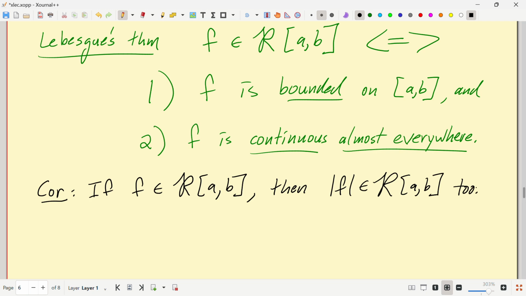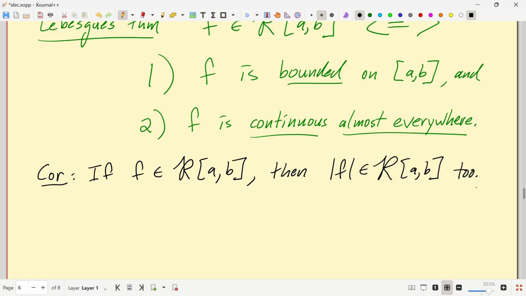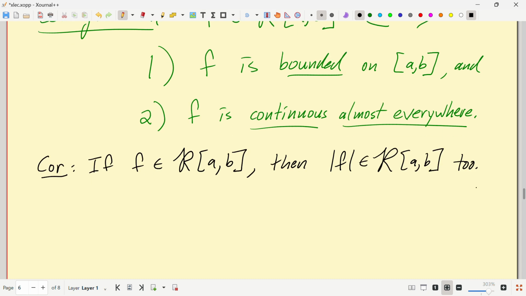It's kind of a sneaky trick. Why is that true? If f is Riemann integrable, that means it's bounded and continuous almost everywhere. And wherever f is continuous, the absolute value of f is continuous. So it just falls right out.